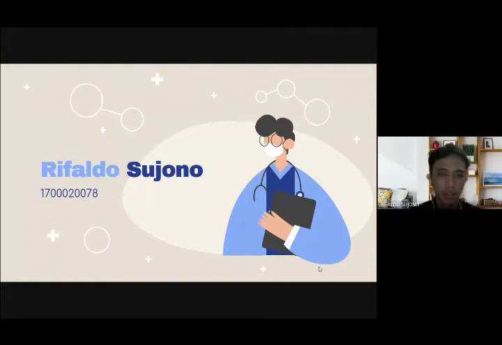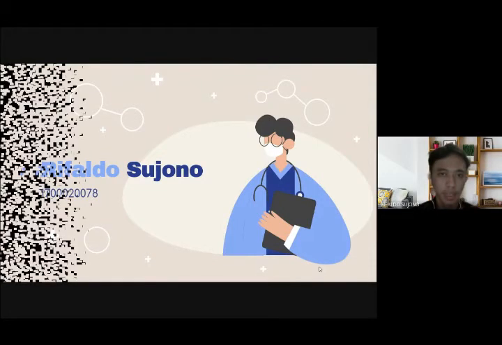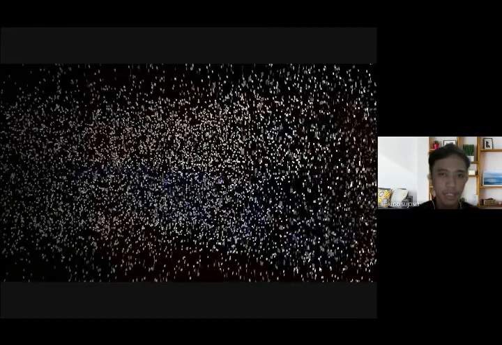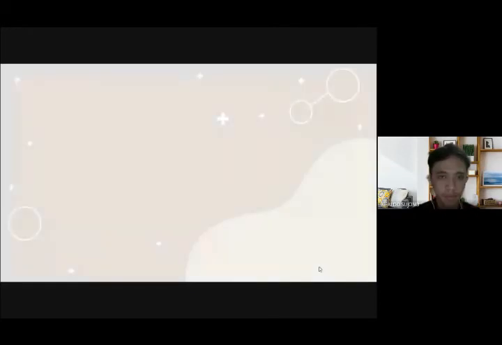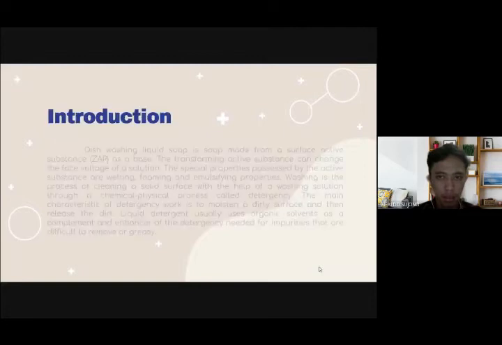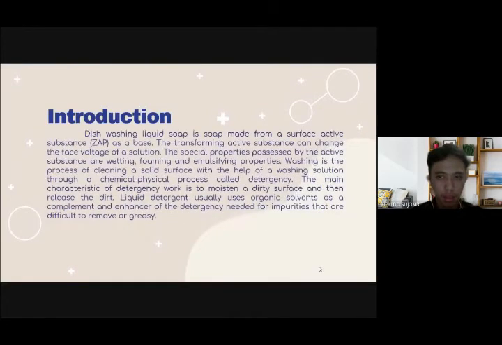I will discuss making washing soap. Liquid washing soap is soap made from a surface active substance as a base. The surface active substance can change the surface tension of a solution.